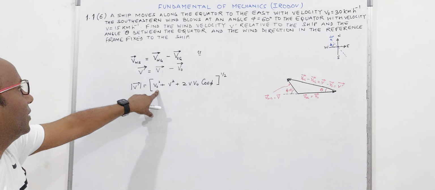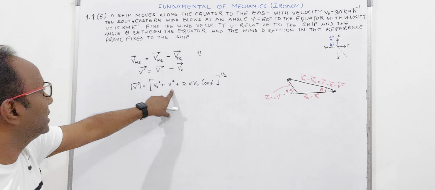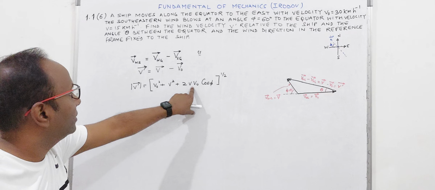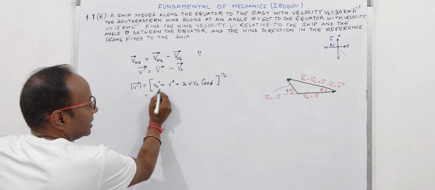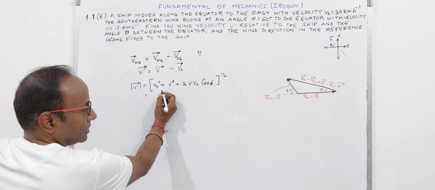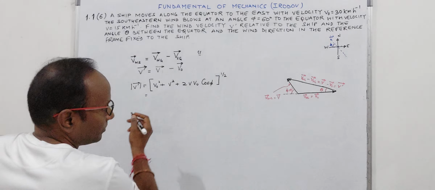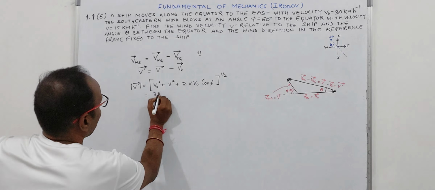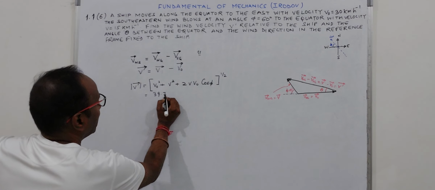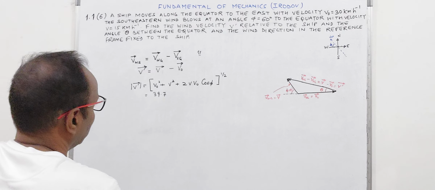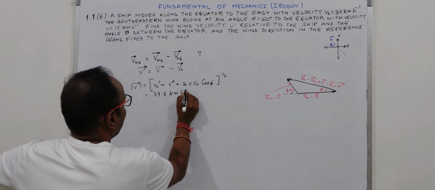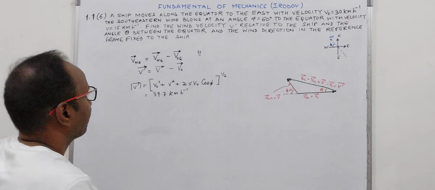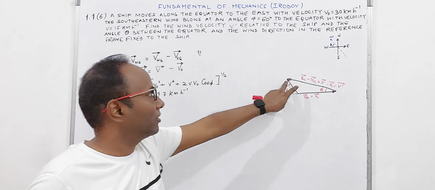These values you know: v0, v, and v0 cos phi. So when you put all the values, it will come to 39.7 kilometer per hour. So the magnitude you obtained already.